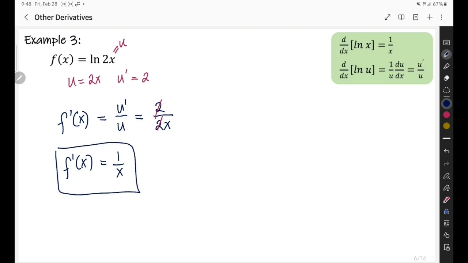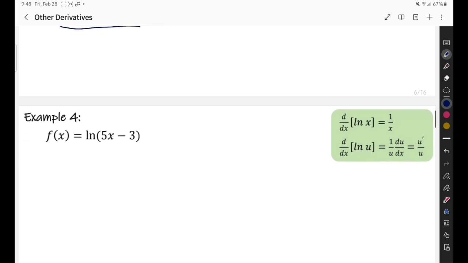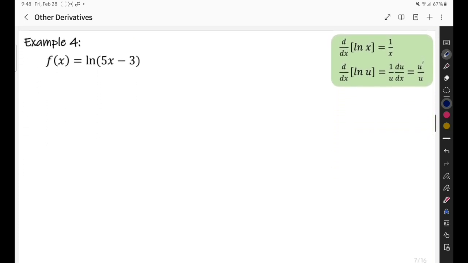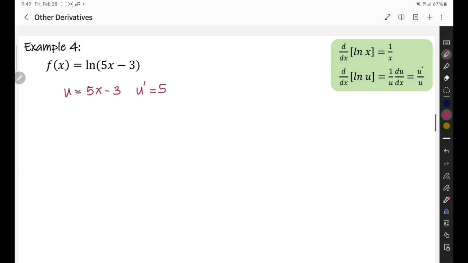And that's it. Alright, so let's have another example. This time, our u here is 5x minus 3. So your u is now equal to 5x minus 3. When you get the derivative, that's your u prime, the derivative of 5x minus 3 is 5.